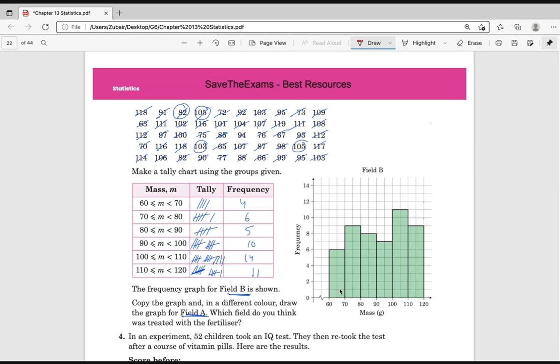So 60 to 70 is 4. Then 70 to 80 is 6. 80 to 90 is 5. 90 to 100 is 10.